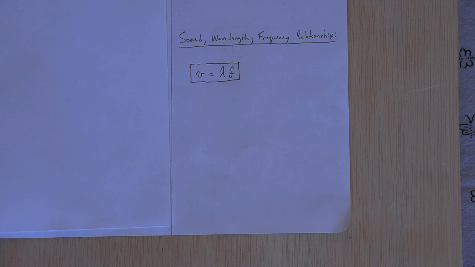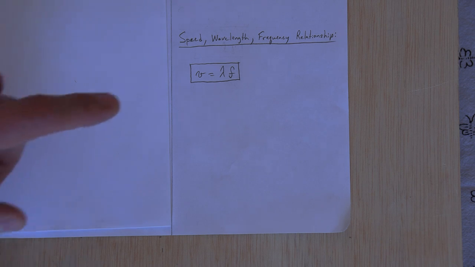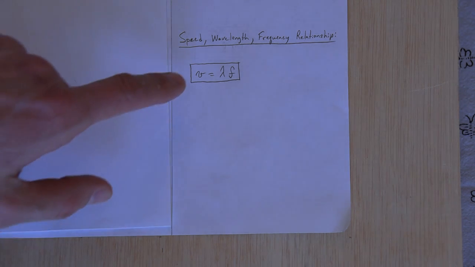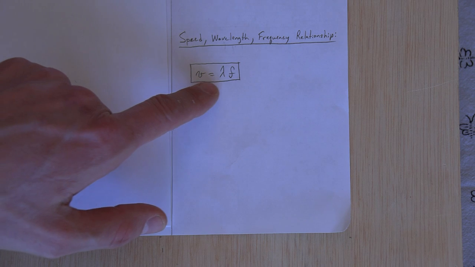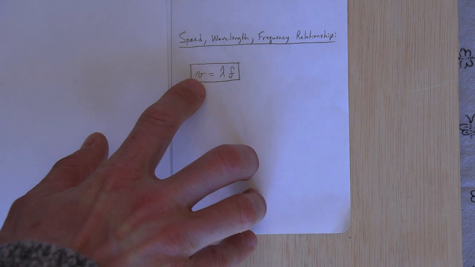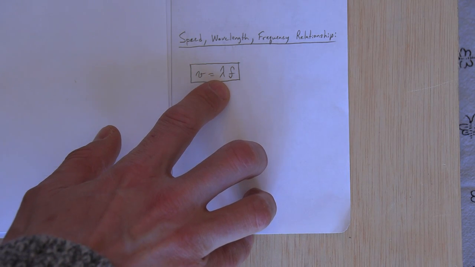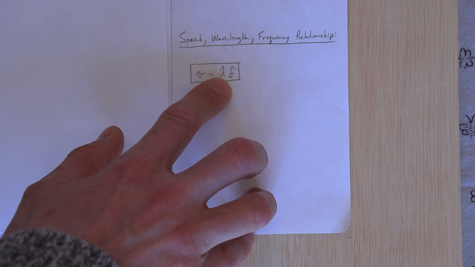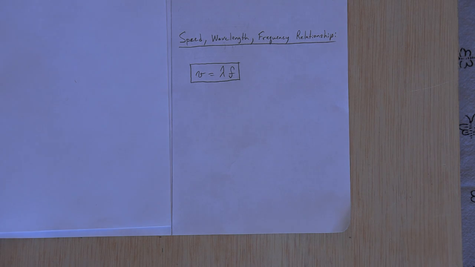The problems that you're going to encounter involving the speed of the wave are simply, you're given two of these variables and you're asked to solve for the third one. For example, maybe I give you the speed of the wave and the wavelength, and you have to solve for the frequency. We'll look at more of those kinds of calculations in the next couple of assignments, when we look at sound and light.